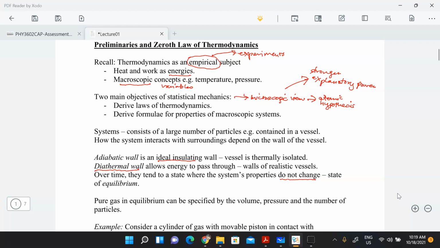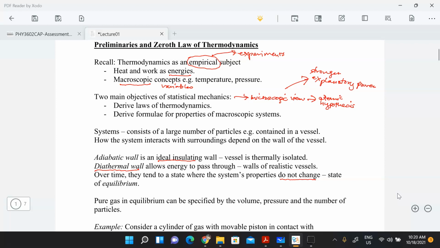One of the importance of having an equilibrium state is that you'll be able to describe them according to macroscopic behaviors or macroscopic variables.